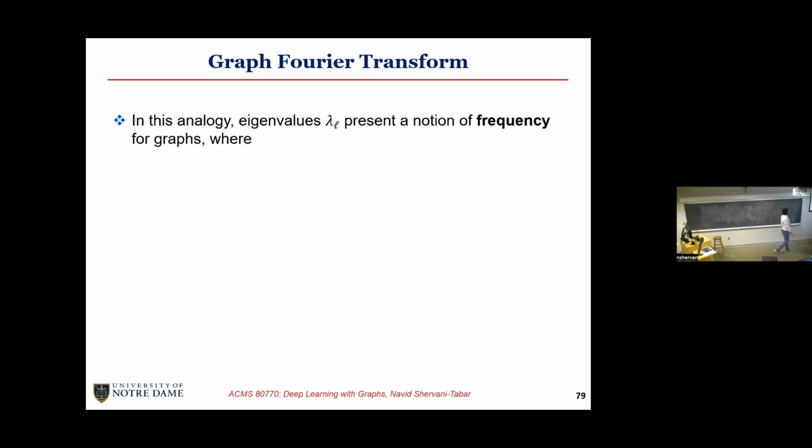Now, what's very important to make sure that our analogy is correct, that using the eigenvectors of the Laplacian matrix to define the Fourier basis works, is to see if the same notion of frequency exists on graphs. So for the eigenvalues that are lower, we want the eigenvector to be smooth.